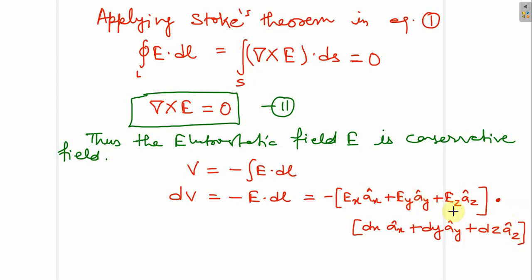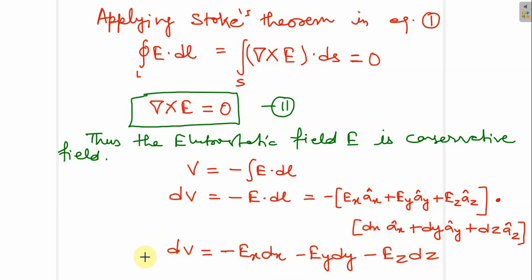Now in the dot product, ax dot ax is 1, ay dot ay is 1, az dot az is 1, and the magnitudes will be multiplied further. So this dV is minus Ex dx, minus Ey dy and minus Ez dz. So this is the dV.